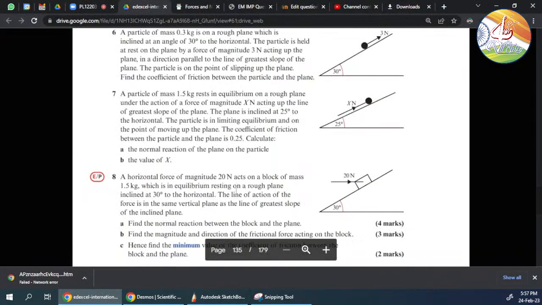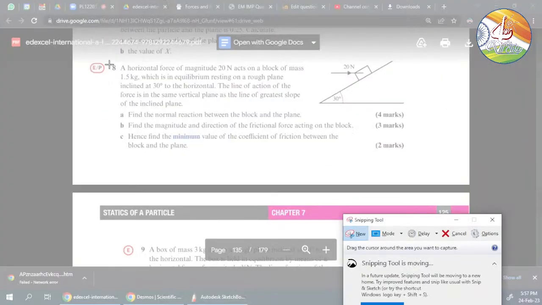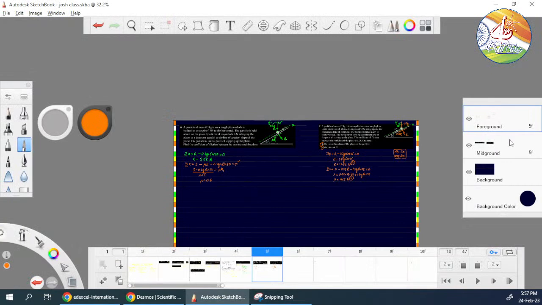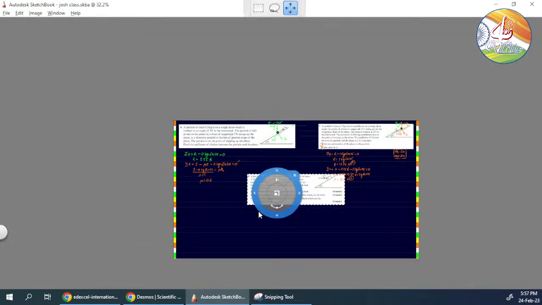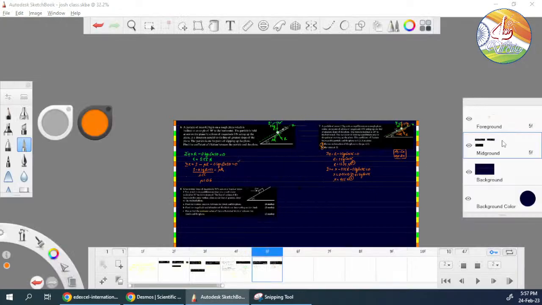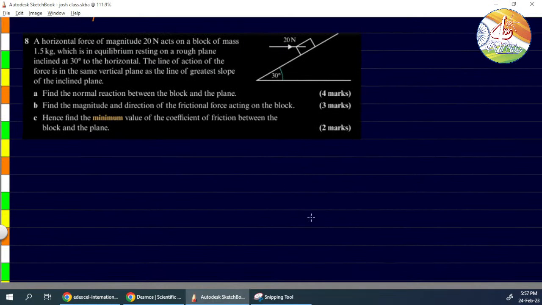Eighth problem. The horizontal force of 20 Newton is acting on a block. The weight of the block is given.